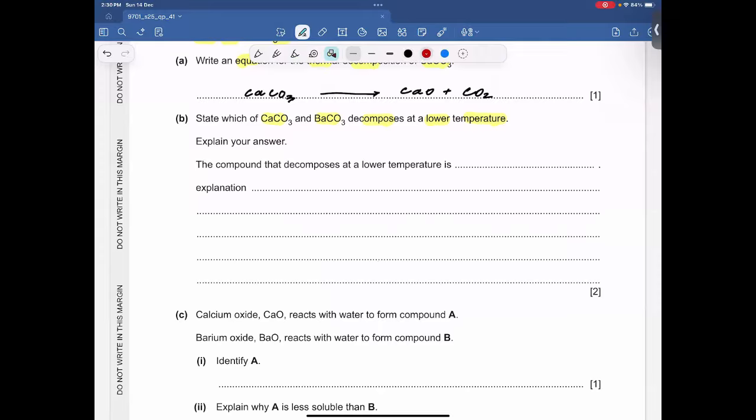So the lower the temperature, the easier the decomposition. And decomposition is easier means that the metal ion has a high charge density.